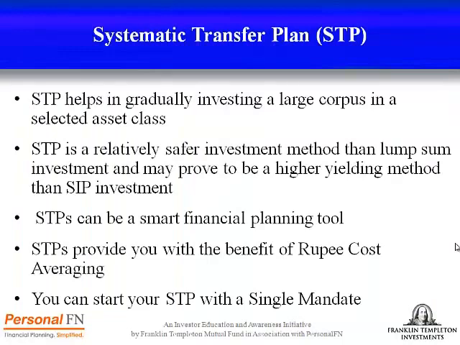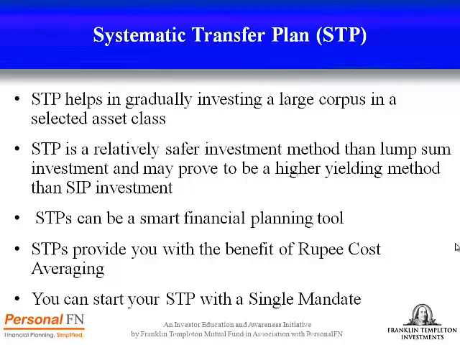The next mode of investing that we would like to explain is the Systematic Transfer Plan, STP. Though less popular, STP is an advanced version of SIP, which functions with a similar objective. So let's see what makes STP different from SIP.